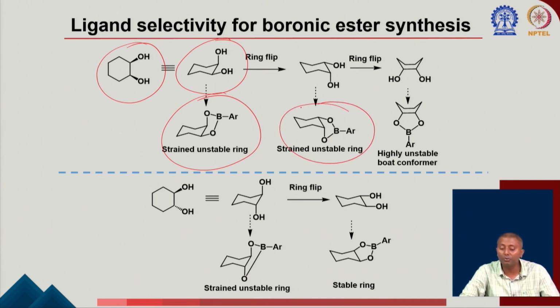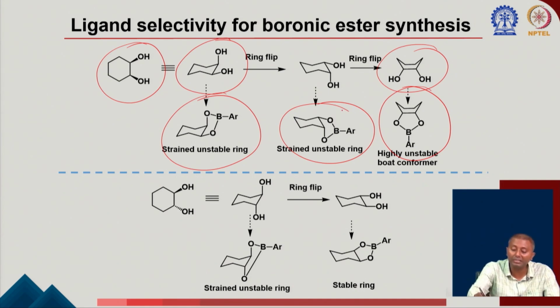If you do another ring flip to try to make them in the boat shape, you can put the two OH on the same side, but that again makes a highly unstable boat conformer. So what you are seeing here is that with cis you are forming this strained, unstable ring.